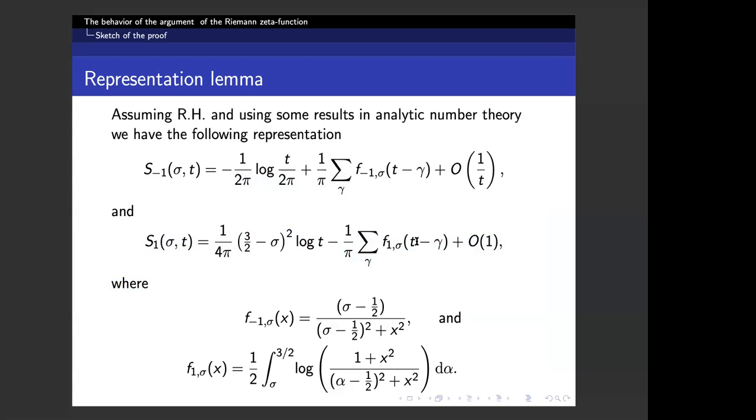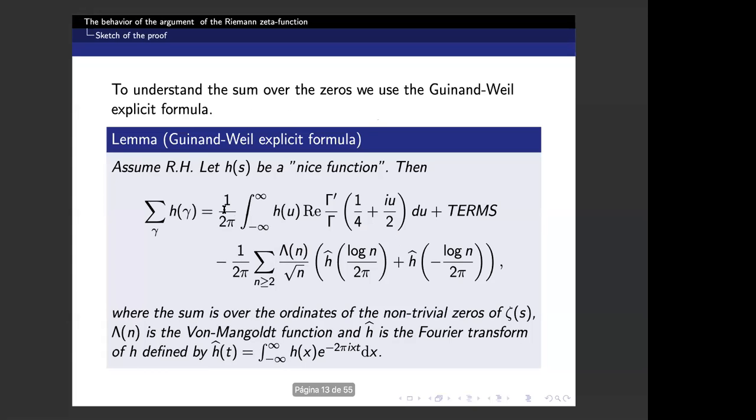In our case, we have t minus gamma, so we just need a translation here. Then we obtain these terms depending on the gamma function, the function h, and this series that depends on the Fourier transform of h, and other terms that in our case will be error terms. So we don't have a problem with these terms.